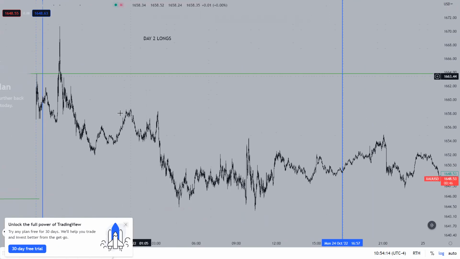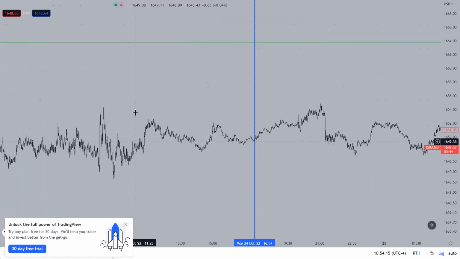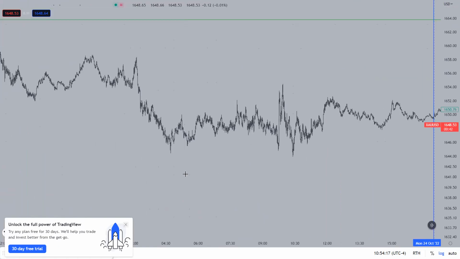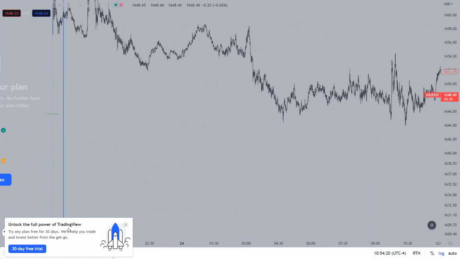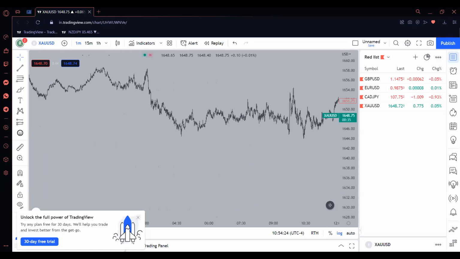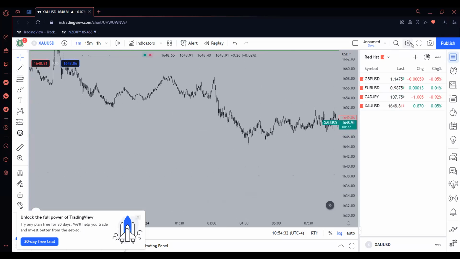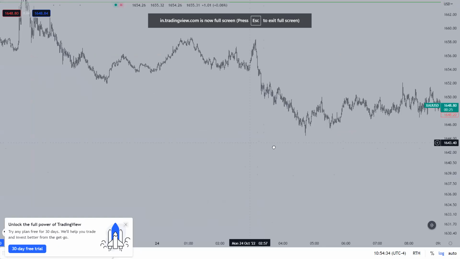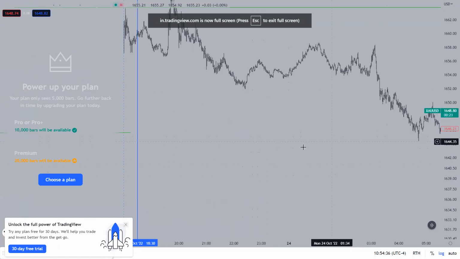Day 2 longs were in the market, but what happened here? Yes, okay. Now what happened here? Let's see.